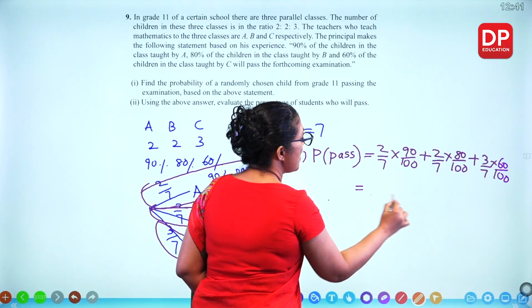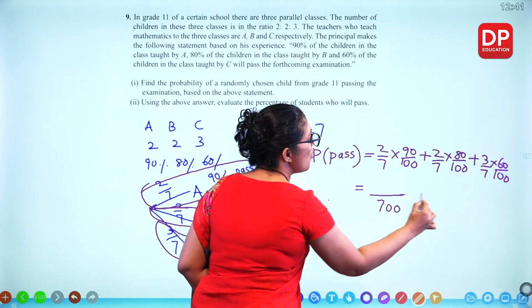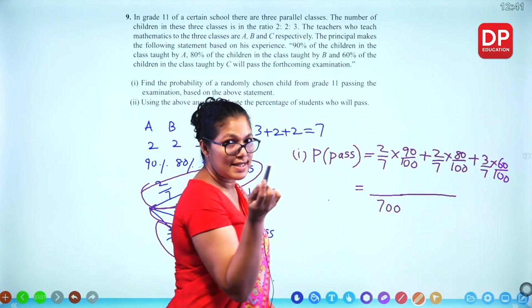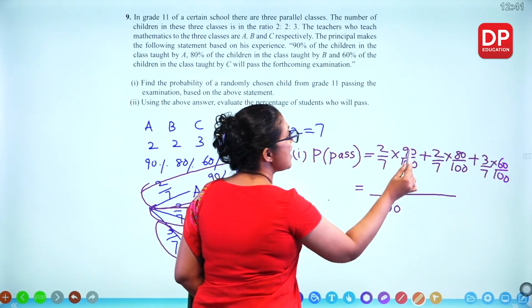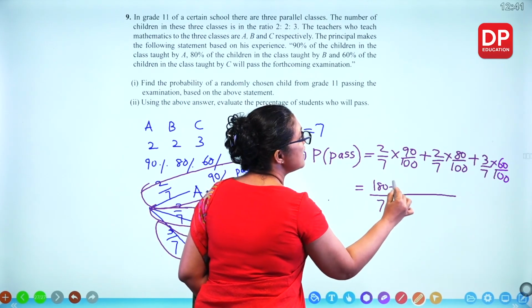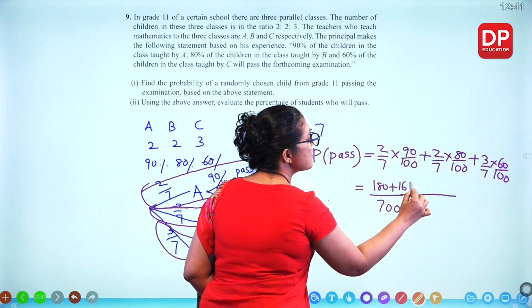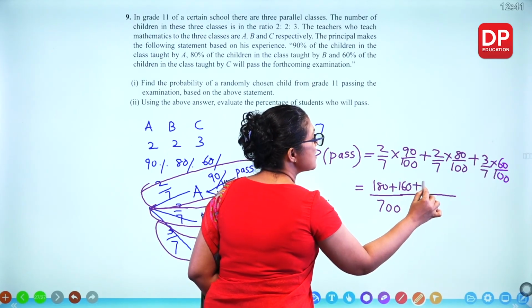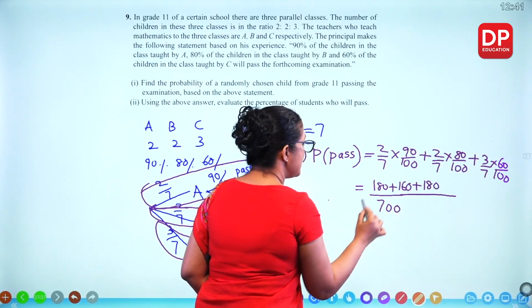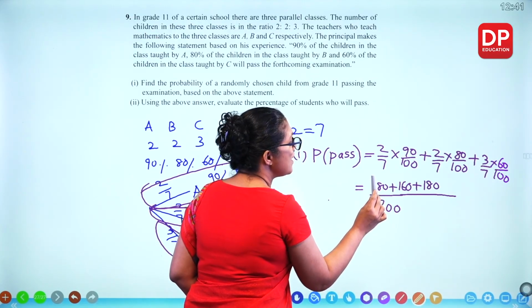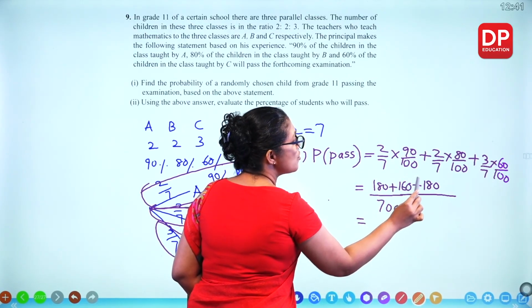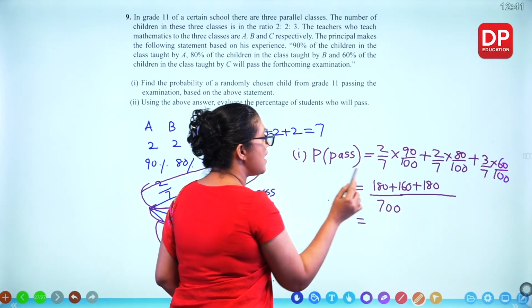So you get 700 in the denominator. All these denominators are the same. 90 times 2, 180. 80 times 2, 160. 3 times 60, 180. So when you add all these together, 100, 200, 300, 380.